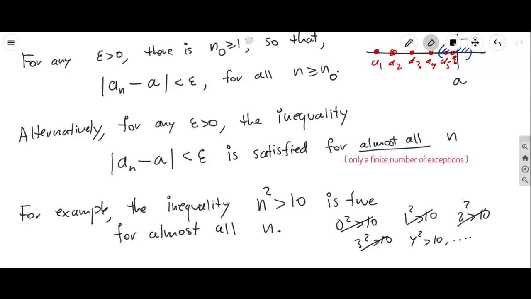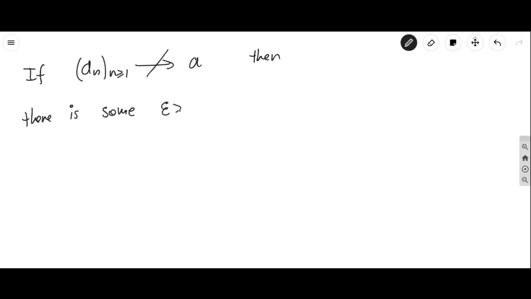And now we have to talk about something that's actually a little bit more complicated, what it means for a sequence not to converge. If a sequence of numbers, let's say the sequence starts at 1, it does not really matter, does not converge to a number a, then what does this mean? Then there is some epsilon bigger than 0.